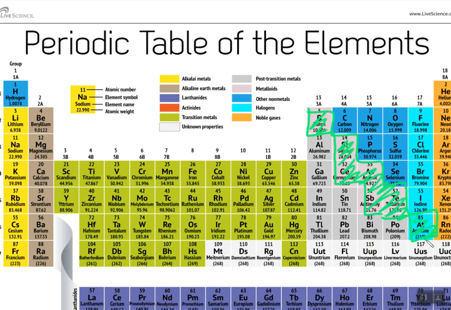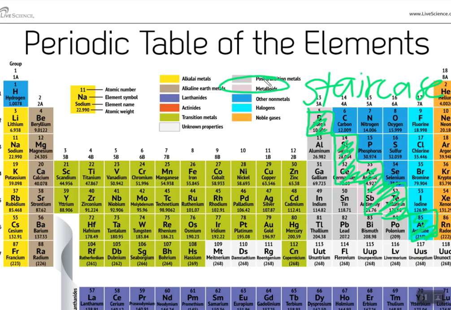That is what we call the staircase in chemistry. Why it's important to know is that everything on the staircase, like boron, silicon, germanium, arsenic, antimony, tellurium, and astatine, are all metalloids, as you can see on this label.